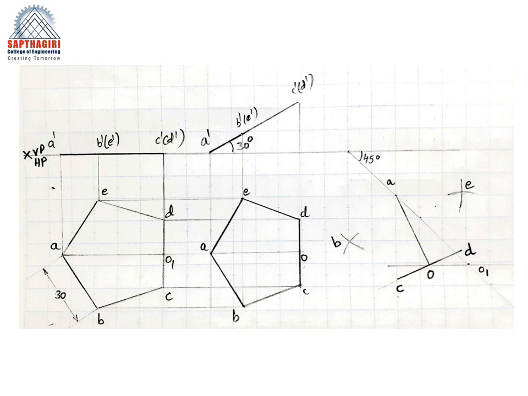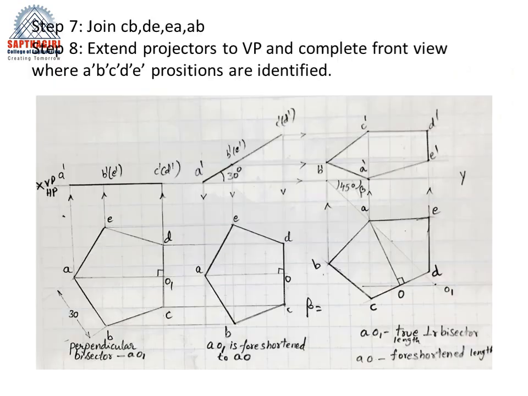with the second top view, take the DE measurement and CB measurement using a compass. With D as center, cut an arc on either side and identify ED and BC. Similarly, with A as center, take the measurements AB and AE, and mark the positions of B and E as shown.